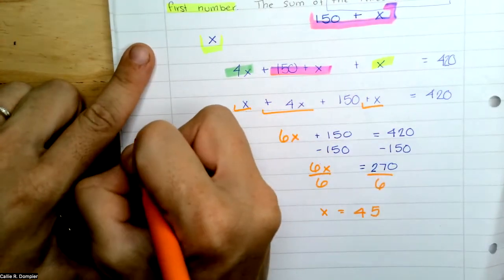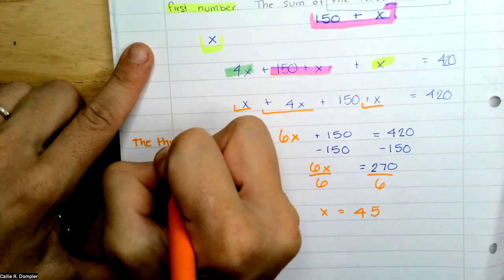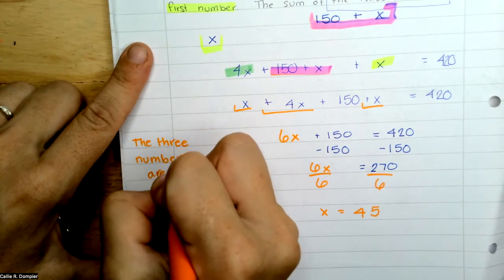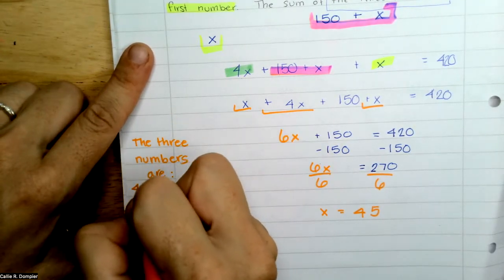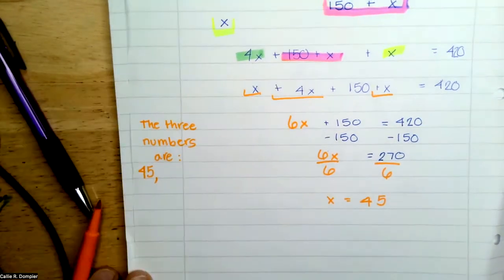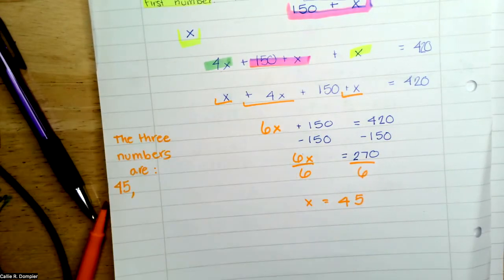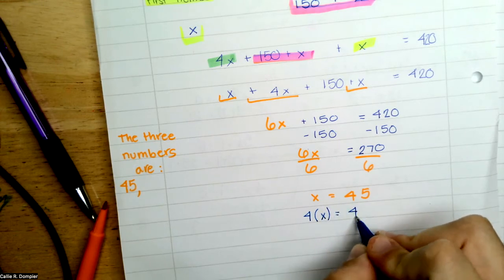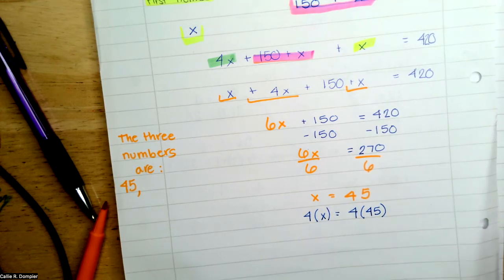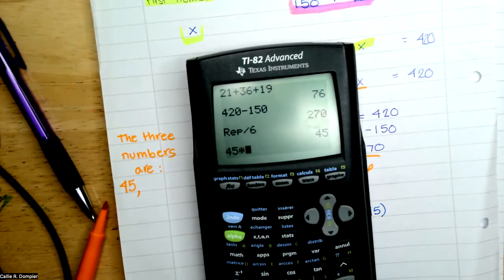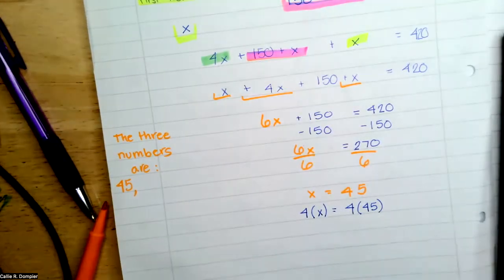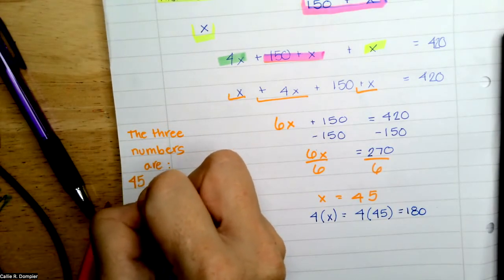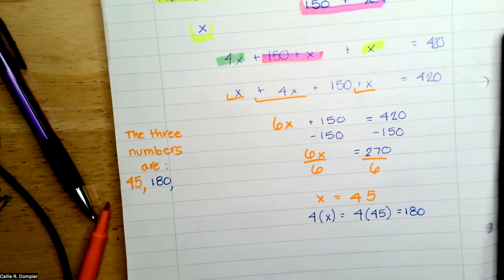So one of the three numbers is, good, we found 45. Now we need to find the other two. There was 4 times x. 4 times x is 4 times 45, 180. Good.